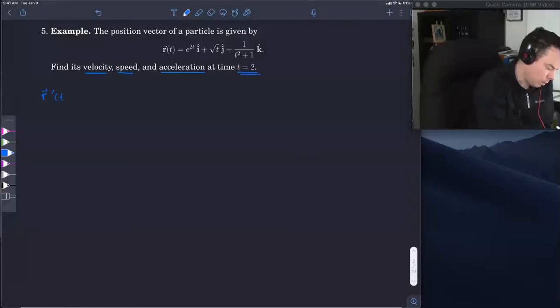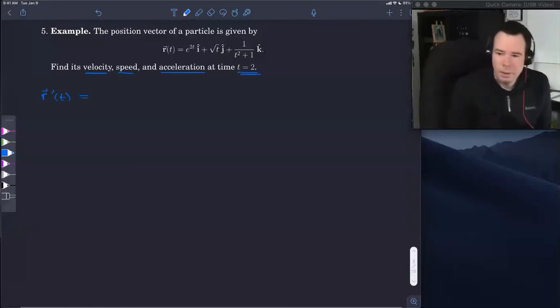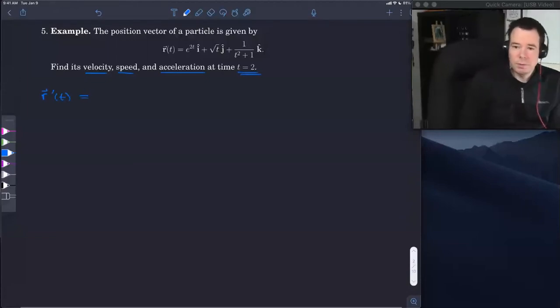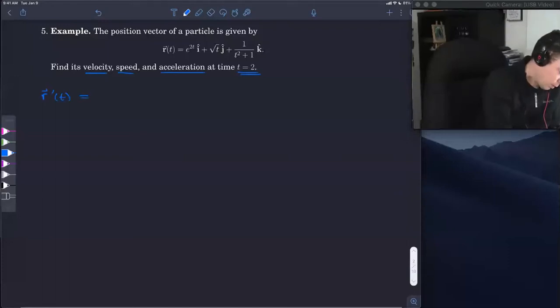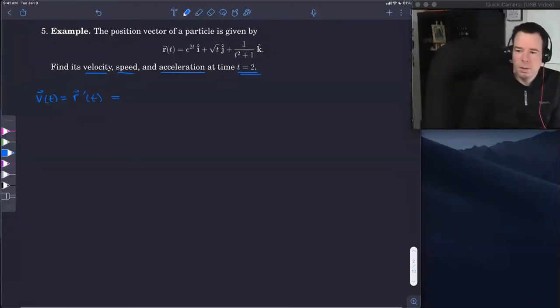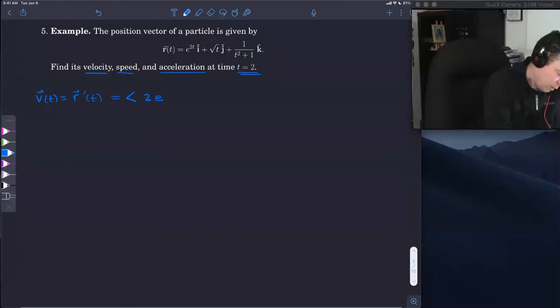So the first thing we're going to want to do is find its derivative. So this is our velocity. Maybe I'll just jot that down, and I'll move this over just a little bit. v of t. And what is that? That is the derivative of the first function, the exponential. That's 2e to the 2t. The derivative of the second, which is the square root of t, is 1 over 2 root t.